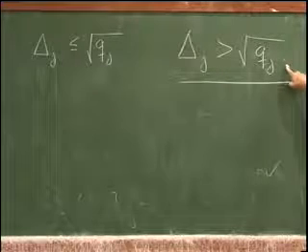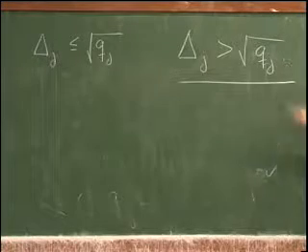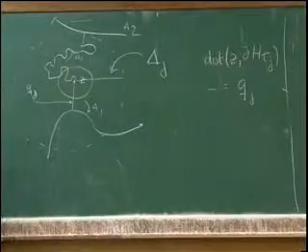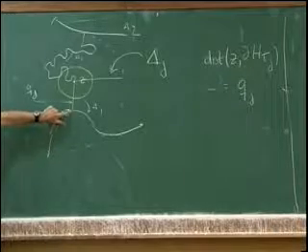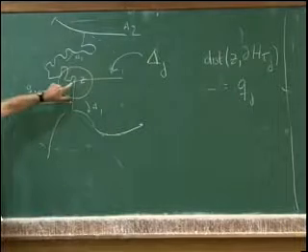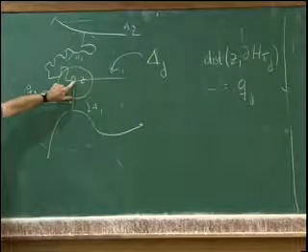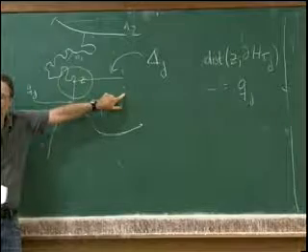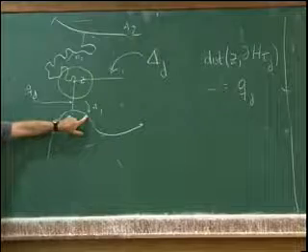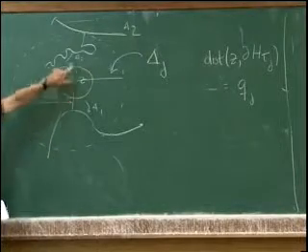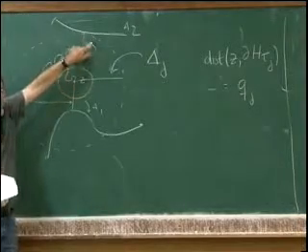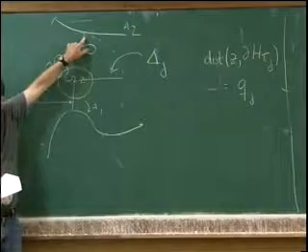If delta J is bigger than square root Qj, then that means there's this Qj here, at least square root Qj there. The probability that a Brownian motion starting at Z gets out this distance without hitting this curve is bounded by the Beurling estimate. And I've defined this distance to be the best curve staying in this radius to hit A2. So therefore, the probability of hitting A2 is bounded by that.